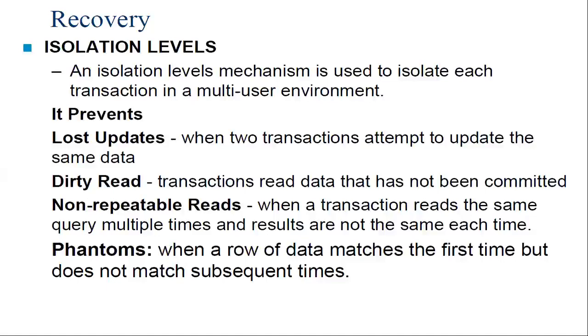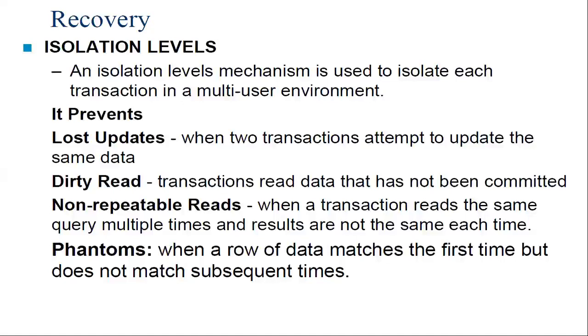There are different isolation levels you can use, especially in a multi-user environment. If a large number of users are running multiple transactions, you can avail of these isolation levels. When you apply the isolation concept, it prevents lost update, dirty read, non-repeatable read, and phantoms. Lost update and dirty reads we studied already.